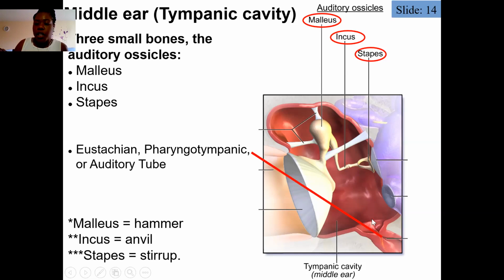That is attributed to the pharyngotympanic tube, which connects into the pharynx, or the oropharynx. That is the ear-throat connection, which serves to equalize the pressure outside the ear and the pressure in the middle ear, or the tympanic cavity.